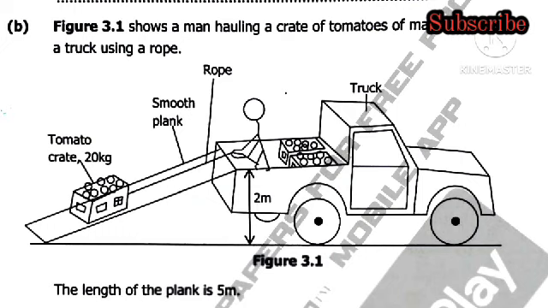Now, for you to find the velocity ratio, you have to realize that this is not a pulley, so you can't just count the number of circles or ropes. When it comes to an inclined plane, you have to write the formula. Velocity ratio is equal to distance traveled by effort over distance traveled by load.